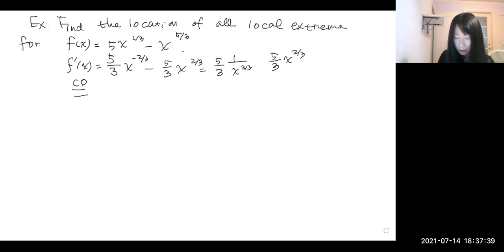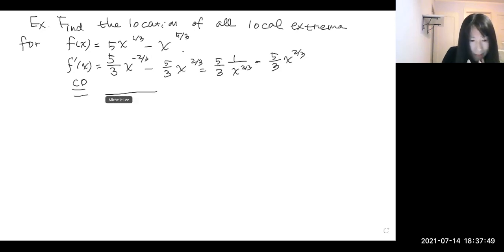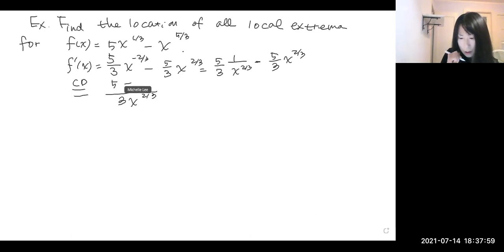It's minus. So this will be 5 minus 3x to the 2/3 times x to the 2/3, which is x to the 4/3. So we get that.